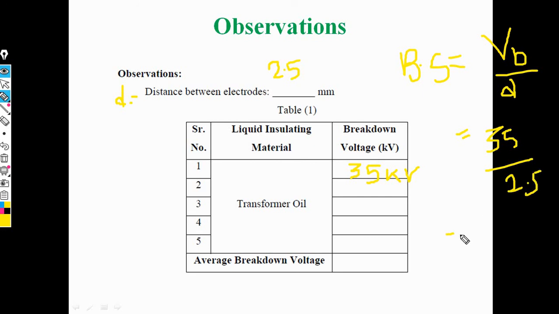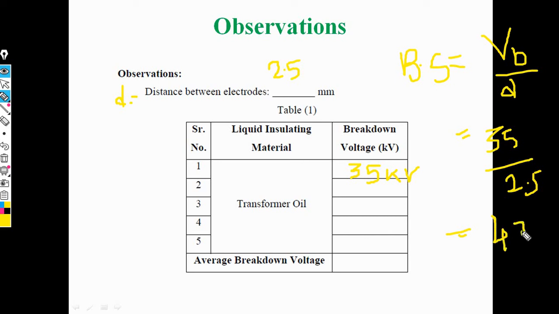35 divided by 2.5. Which value have we obtained? Anyone? 14. 14. Okay, or 40?